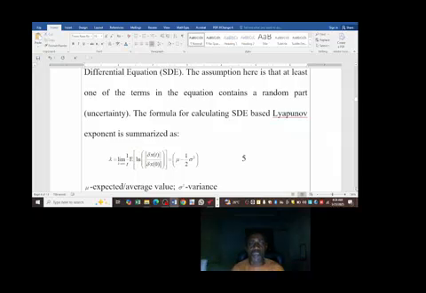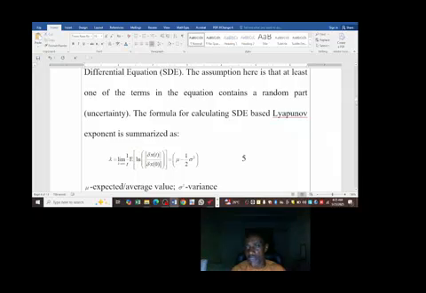Now, computing the Lyapunov exponent from the stochastic differential equation is summarized as lambda equals the limit as t moves to infinity of 1 over t, expectation of ln of x_t over x naught, which equals mu minus 1 over 2 variance.